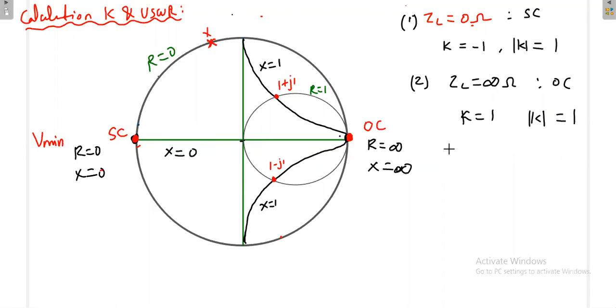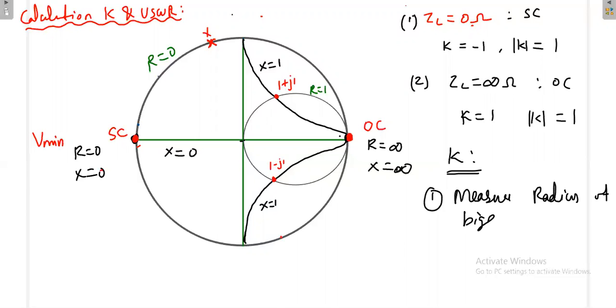First procedure is for K. Now I want to measure K. To find out K, first measure the radius of the bigger circle.